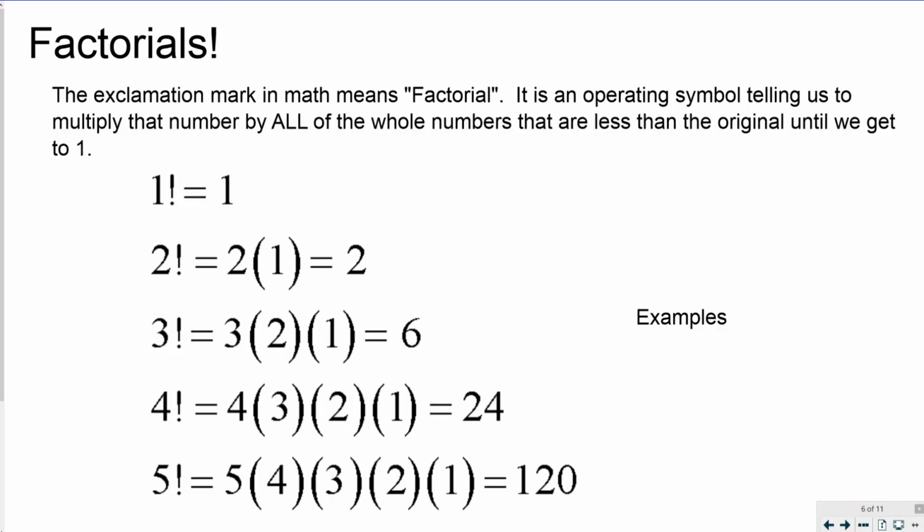And 5 factorial would be 5 times 4 times 3 times 2 times 1, for 120. If you wanted to go even further, you could do 6 factorial, which would be 6 times 5 times 4 times 3 times 2 times 1, and so on and so forth. But you get the idea.